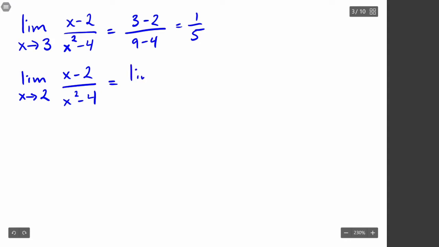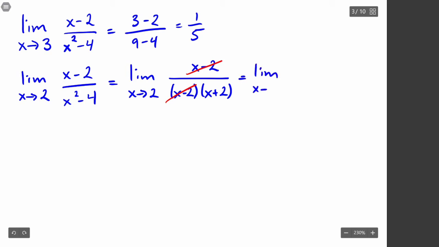So let's take this function here, and we're going to factor the bottom. And then look what happens. We can cancel the x minus 2's, and this turns out to just be the limit as x approaches 2 of 1 over x plus 2, which is 1/4.